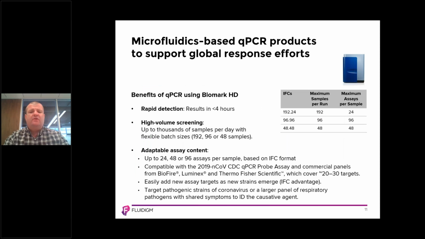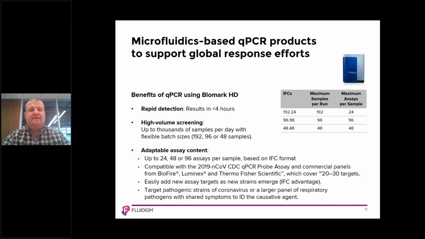So let's talk a little bit more about the options that are available to you for microfluidics-based real-time PCR. As we mentioned, the Biomark HD platform is the platform that performs the microfluidic-based real-time PCR, and we've got a whole range of different types of integrated fluidic circuits that can be used for that.